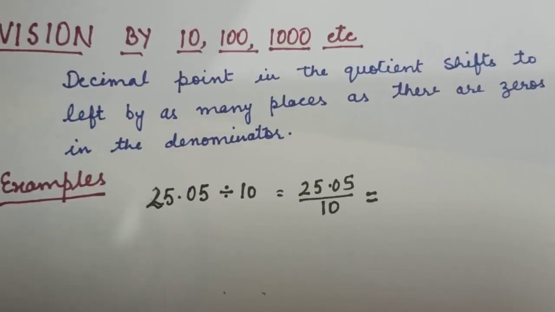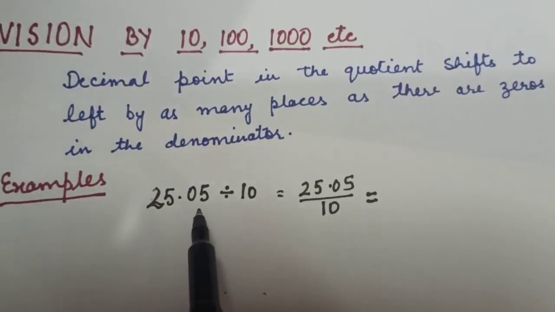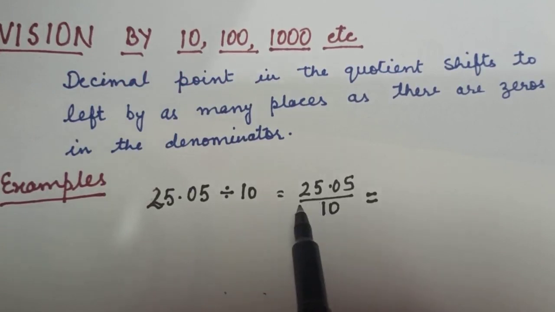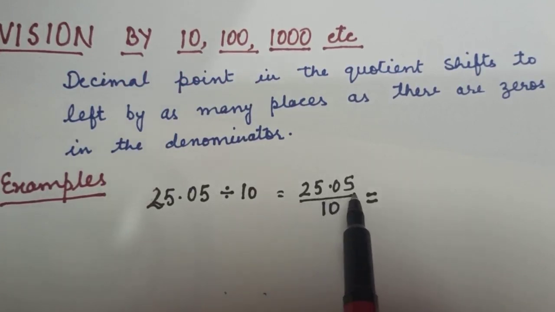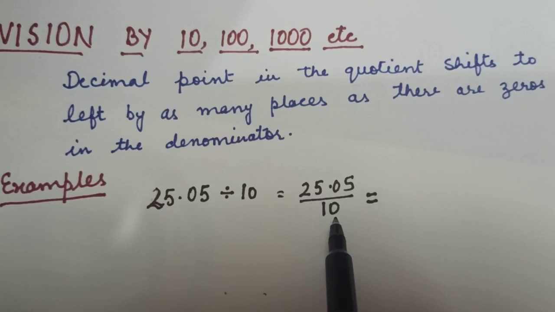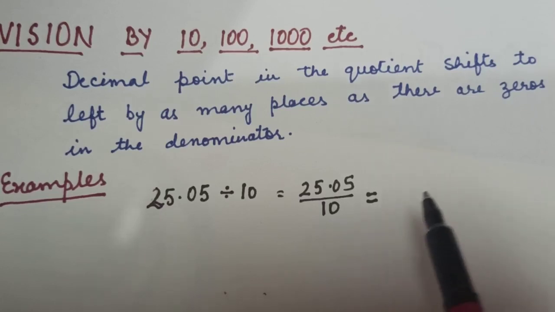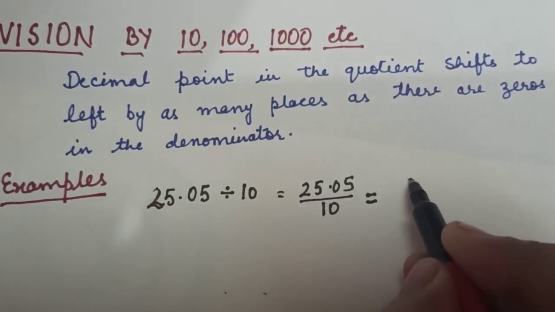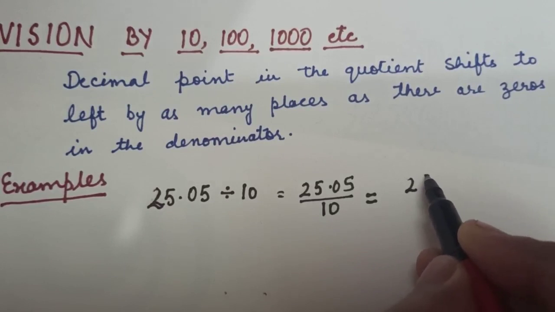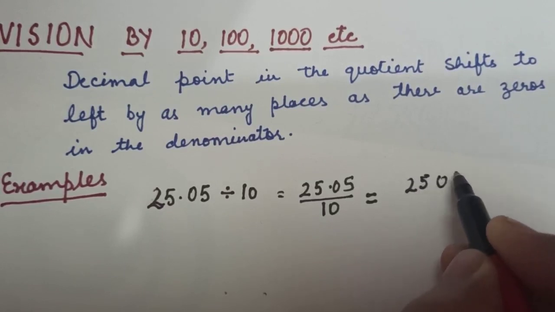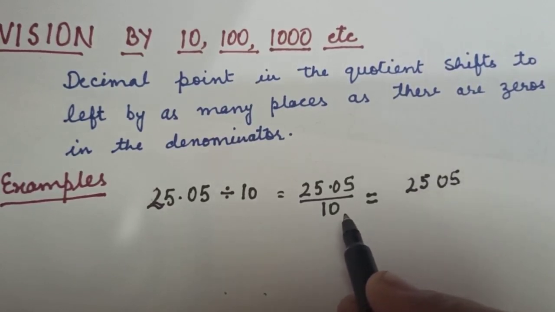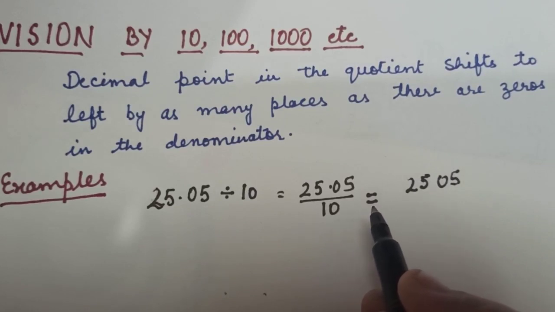Let us take an example. 25.05 divided by 10. It is equal to 25.05 upon 10 because 10 is the denominator here, and at that time we will get the same quotient, but the decimal point will shift towards its left.